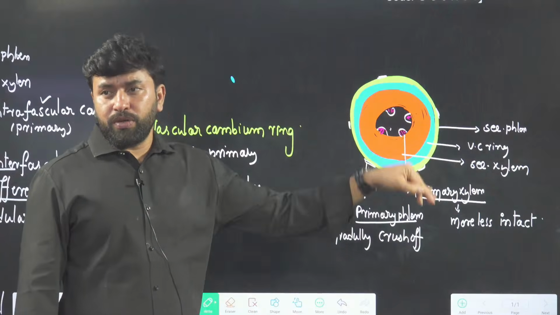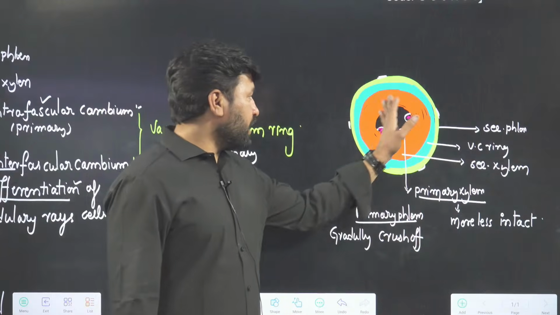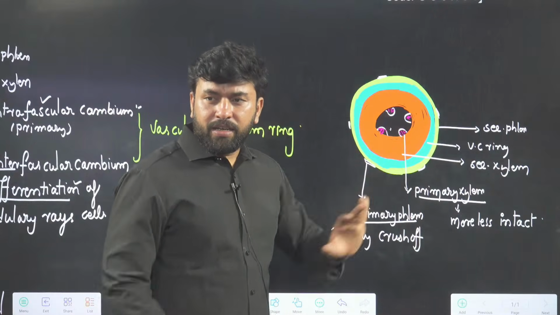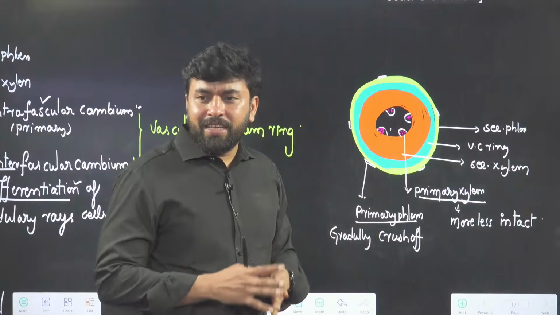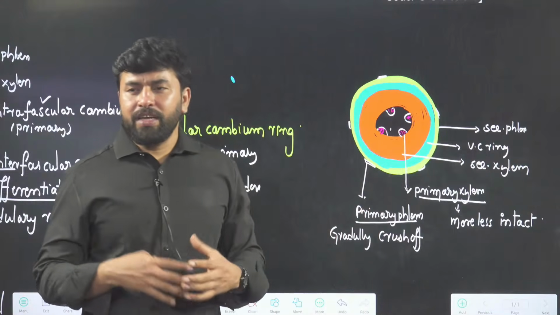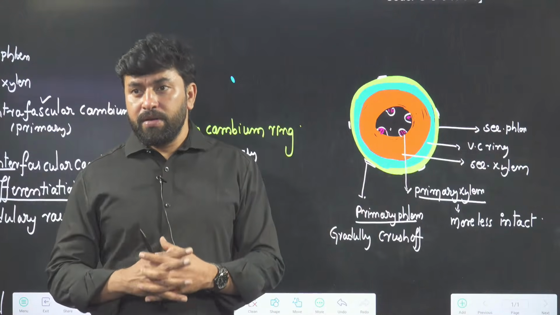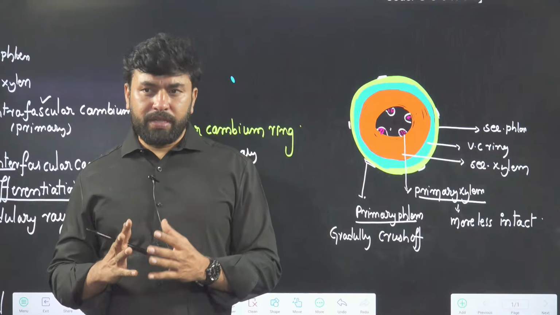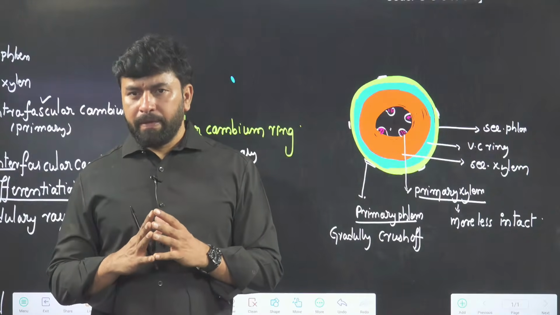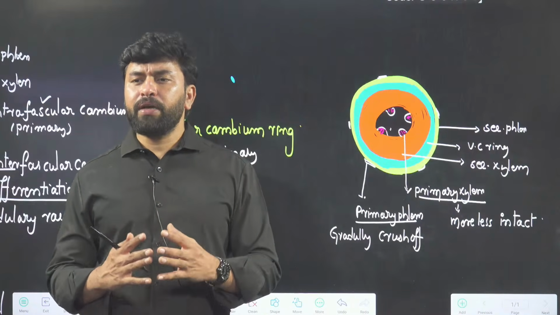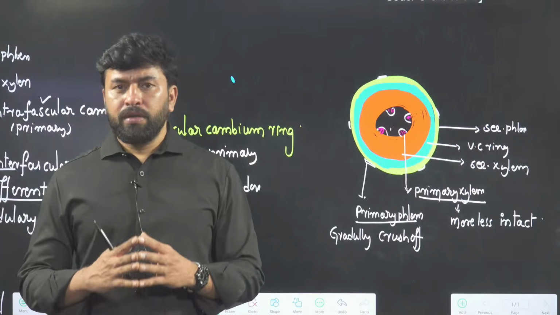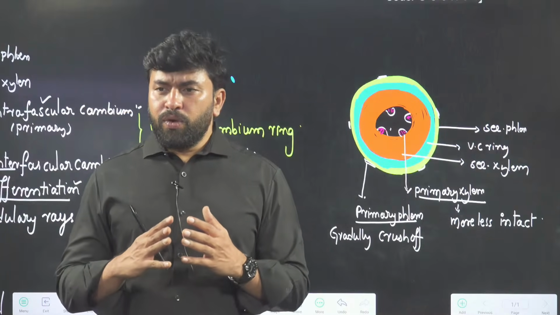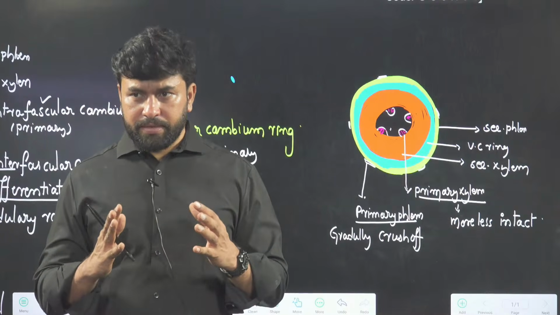After a few years, what will happen? This entire area is completely filled by secondary xylem. There is no further existence of primary xylem over there. One more time. If they say that after the beginning of secondary growth, primary xylem is more or less intact, correct.